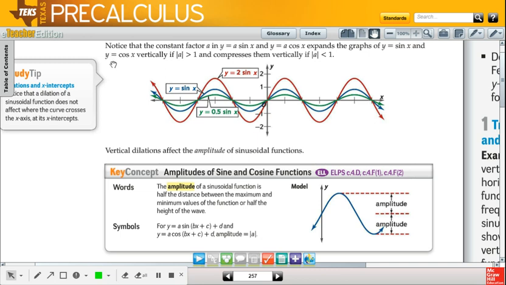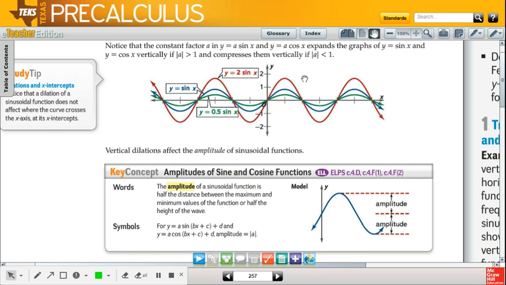At the top, notice that the constant factor a in y equals a sine of x and y equals a cosine of x expands the graphs of y equals sine x and y equals cosine x vertically if the absolute value of a is greater than 1, and compresses them vertically if the absolute value of a is less than 1. Now, let me go into details about that.